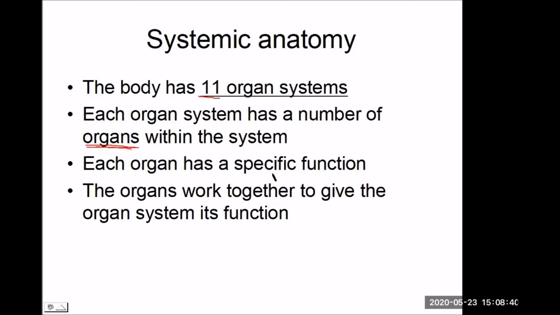Each organ has its own physiology. So each organ has a purpose. And then we have that cumulative effect of multiple organs working together to give the system its function. And this is now what we'll introduce is the functions, the principal functions for these 11 organ systems.